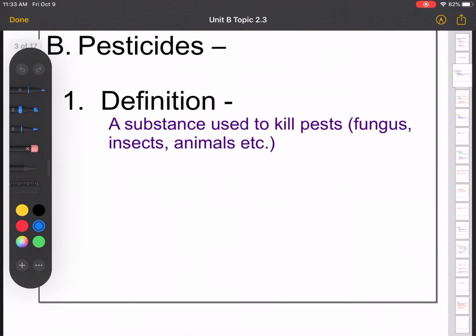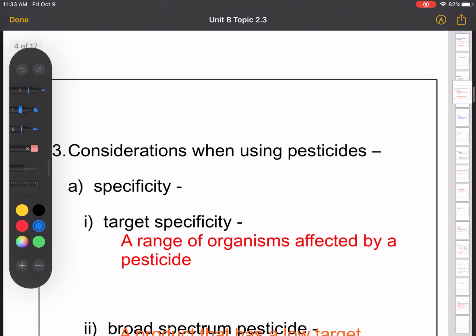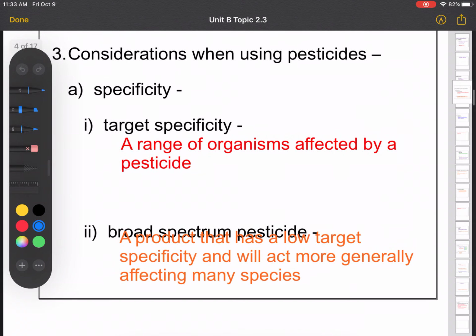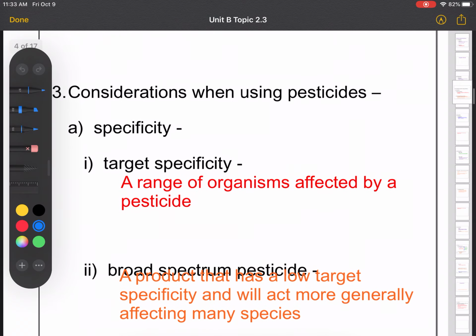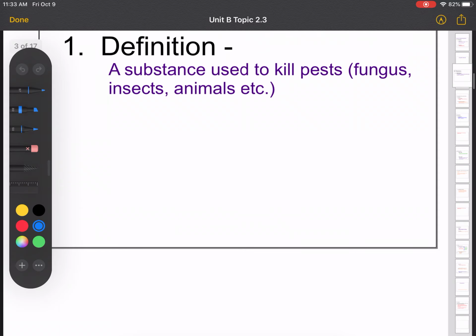The next term is pesticides, and you might know what these are. These are substances used to kill pests like fungus, insects, animals, etc. On your booklet, there are types of pesticides. Seeing the chart, it explains what these things are.